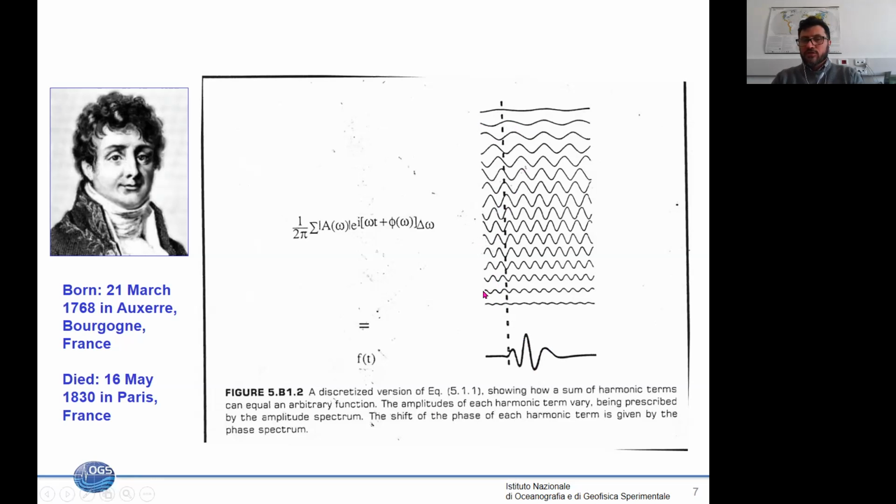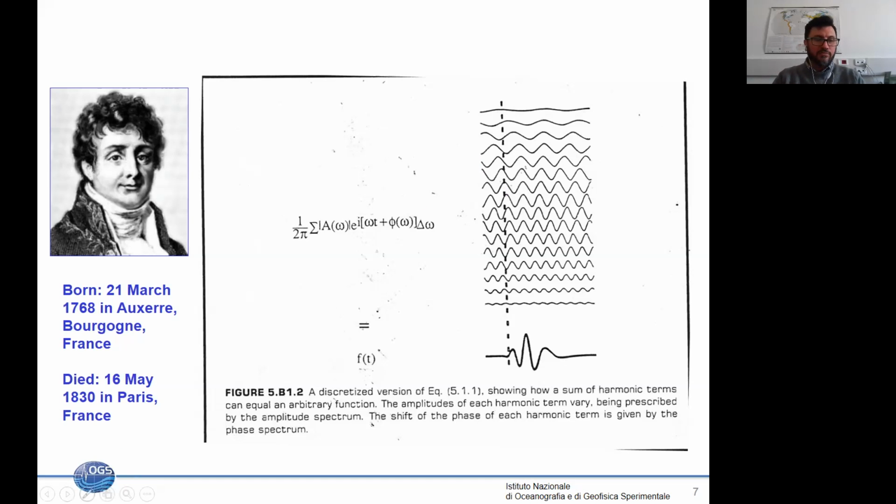So it means you see each one of these sinusoids is starting from the beginning at a different point. In some cases, it can be close to a maximum. It can be close to a zero.